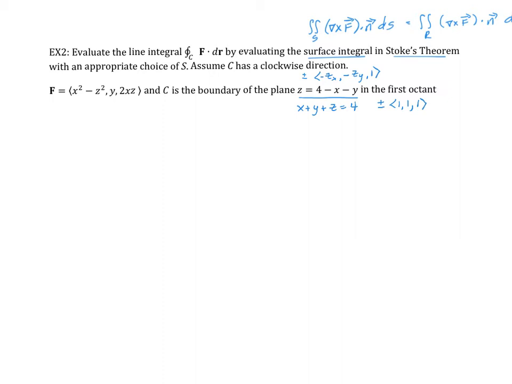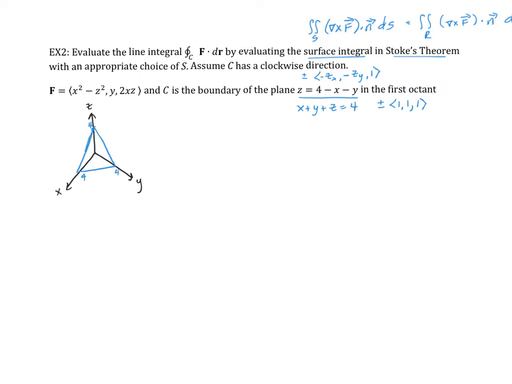All right, so let's go ahead and I'm going to sketch this. You don't have to, I just prefer it. Sometimes it's hard for me to see which normal vector I would choose.